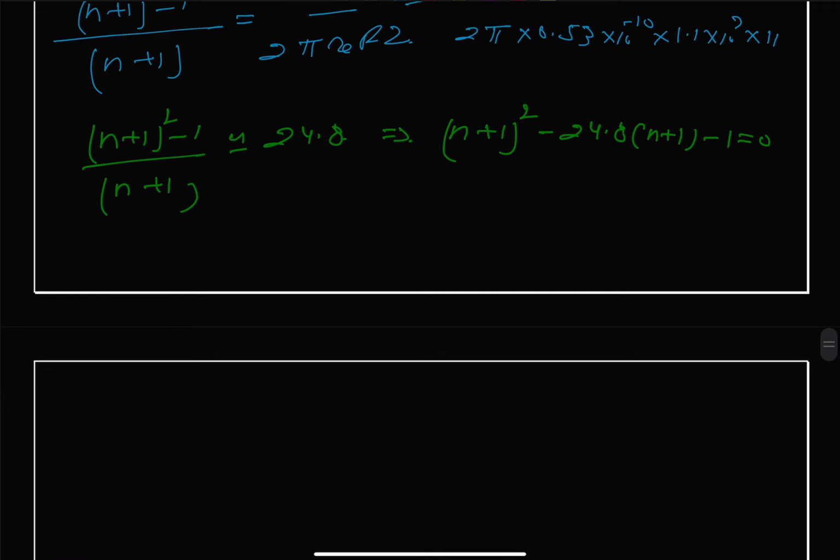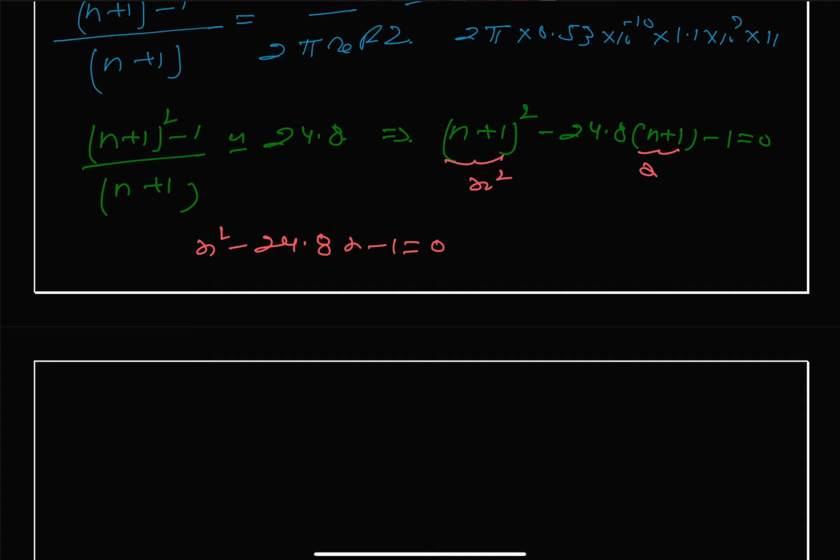And we can assume n plus 1 as x, so this comes as x square minus 24.8 times x minus 1 is equal to 0. From here we are going to get two values of x.